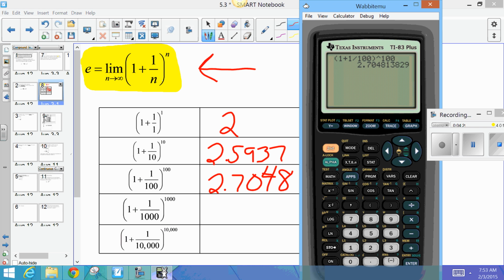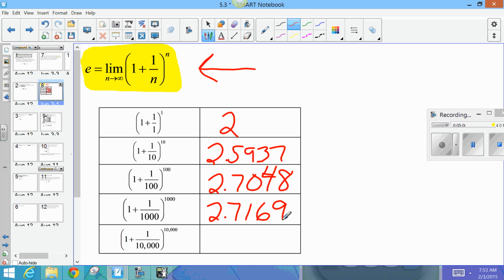All right, I'm going to keep going even if it kills me. 1 plus 1 over 1,000, to the power of 1,000. I get 2.7169.